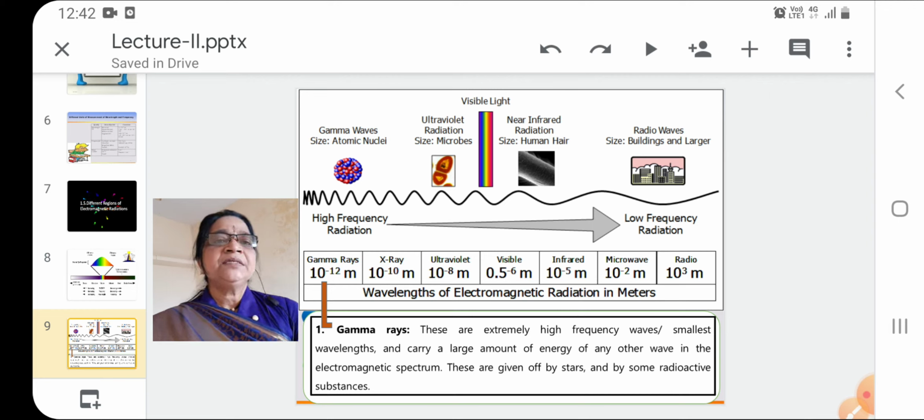Gamma rays are extremely high frequency waves with the smallest wavelengths, and carry a larger amount of energy than any other waves. That is, you have to compare with the UV, IR, microwave and radio waves in the electromagnetic spectrum. These are given off by the stars and by some radioactive substances.